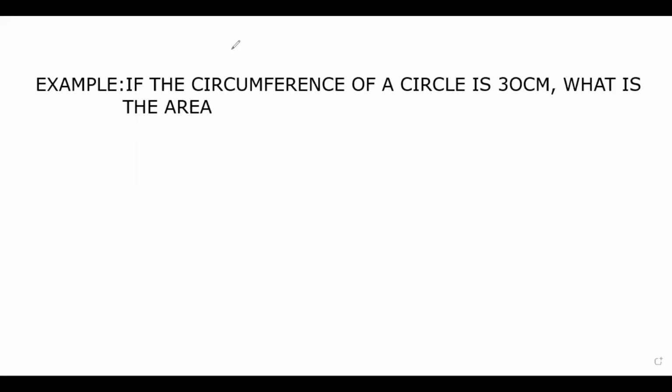So last example, if the circumference of a circle is 30 centimeters, what is the area? So the first thing you want to do, because they tell you what the circumference is, you can write the circumference formula. So you'd use C is equal to 2 pi r. So now you have the circumference as 30, so you put the 30 here, equal to 2 times pi, which is 22 over 7.